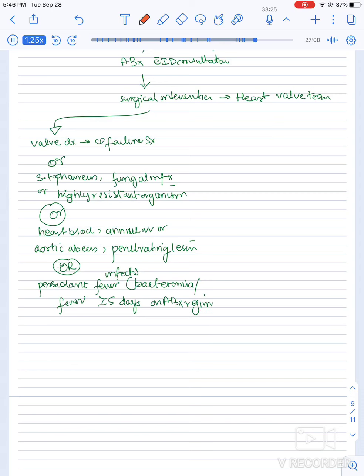If they have any of these things, then this is a strong class 1A recommendation for valve surgery.